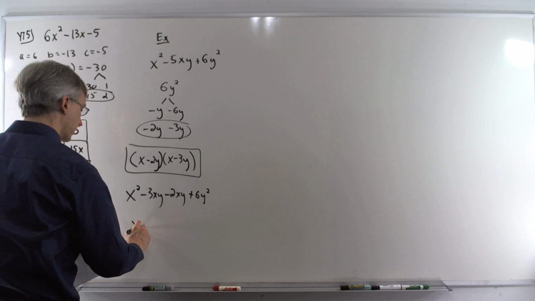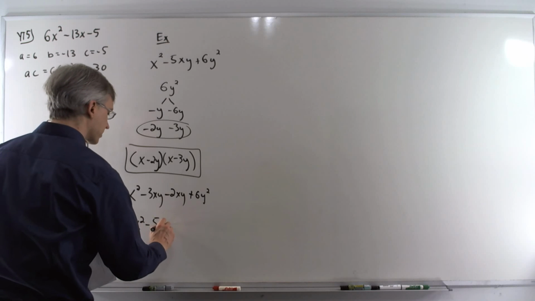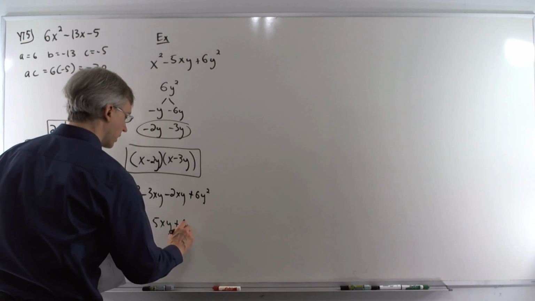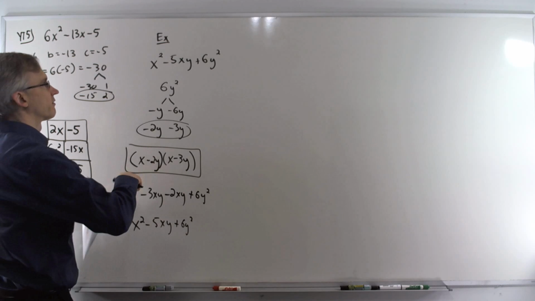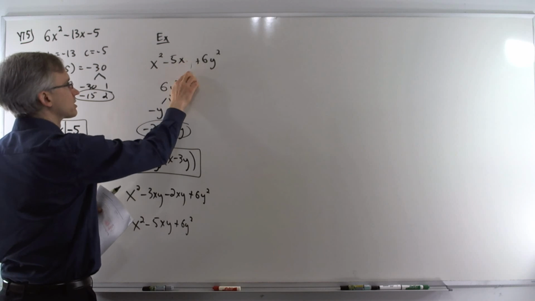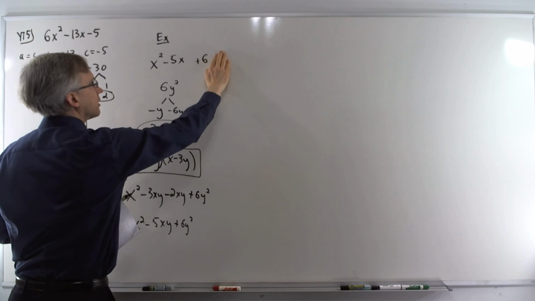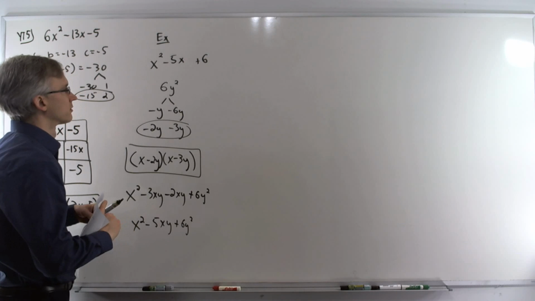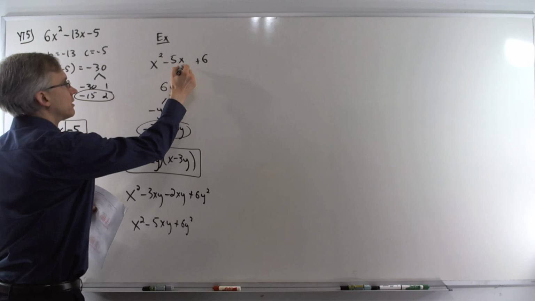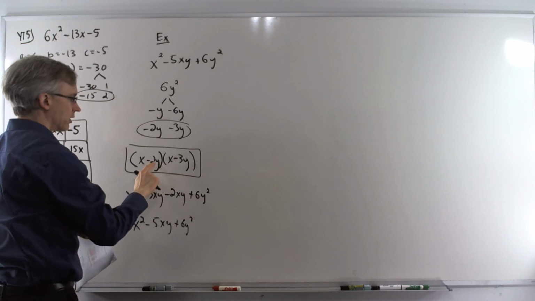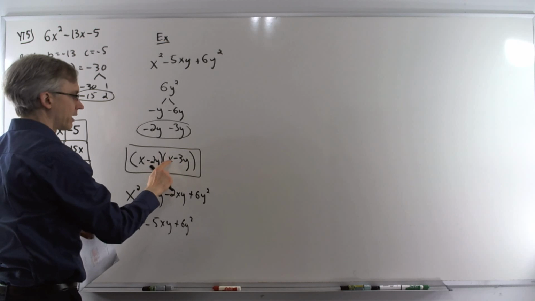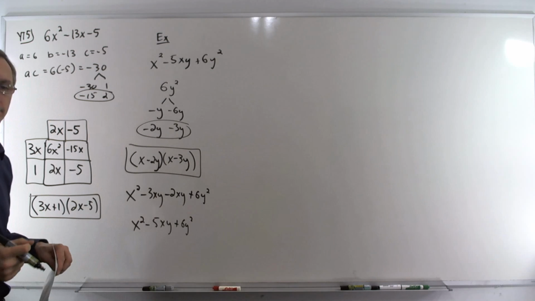Combined like terms, we get x squared minus 5xy plus 6y squared. So the only difference from factoring one of the regular ones that we saw before is that the second term in each binomial is going to have a y in it.